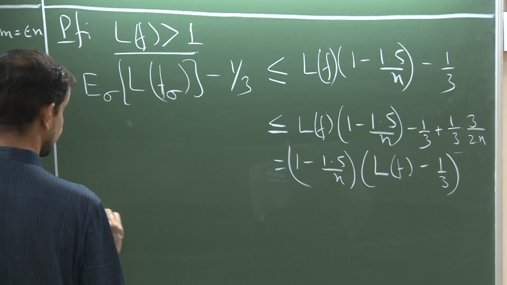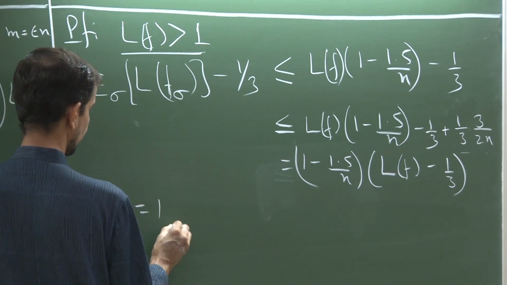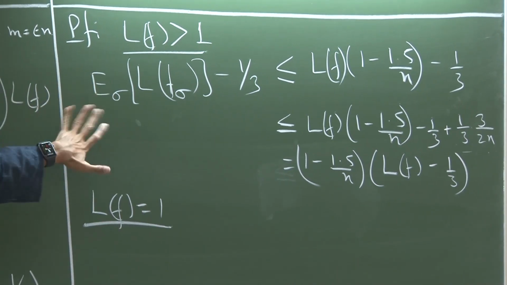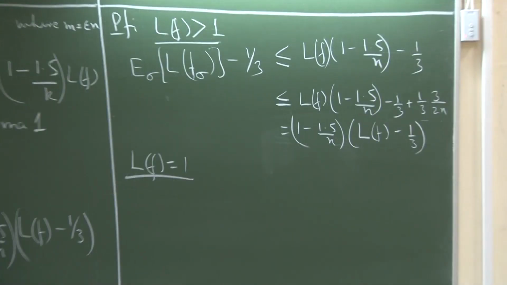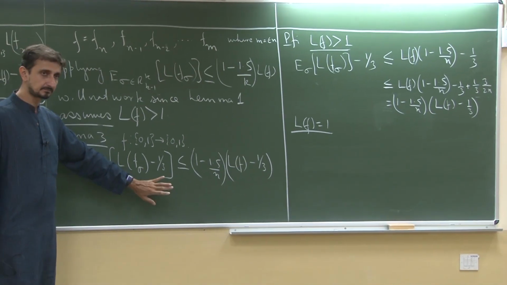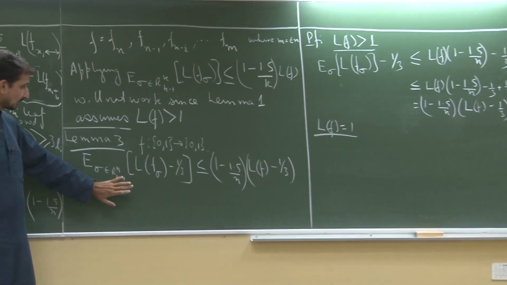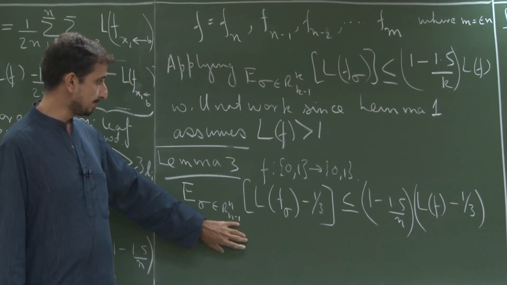Now, what happens if L of f equals 1? If L of f equals 1, let us look at both the left hand side and the right hand side of this expression. What does the left hand side evaluate to?